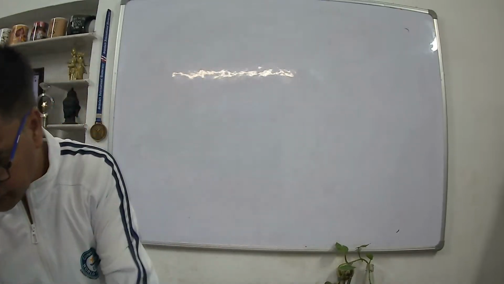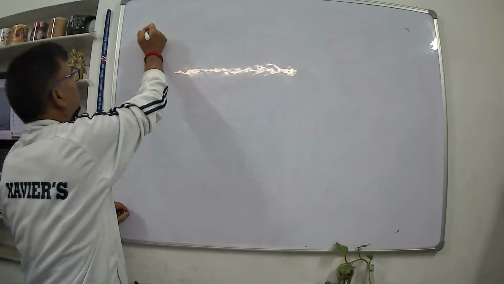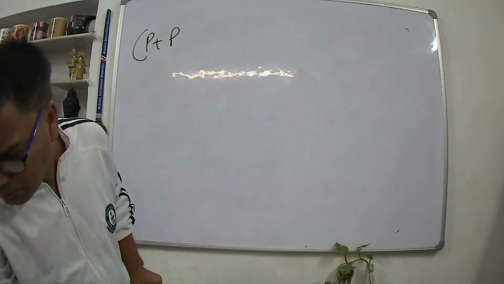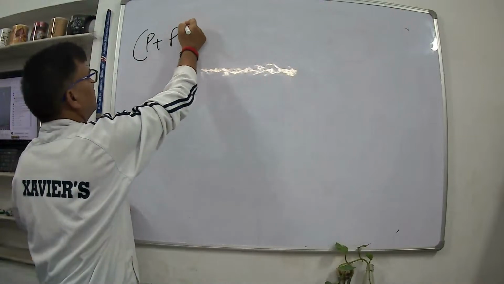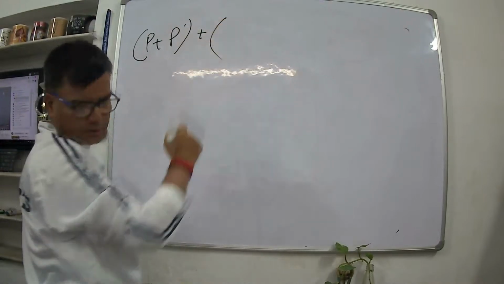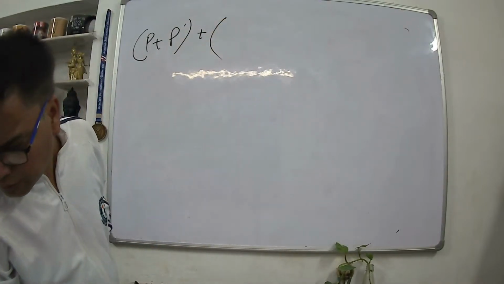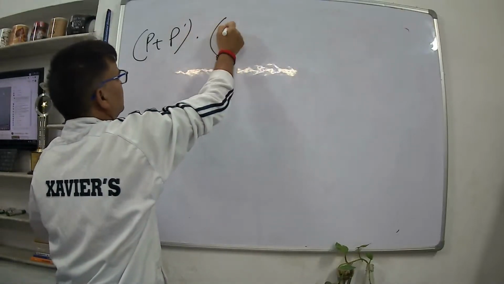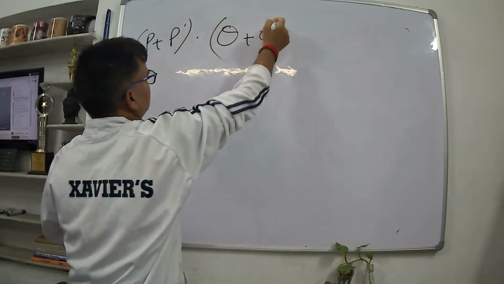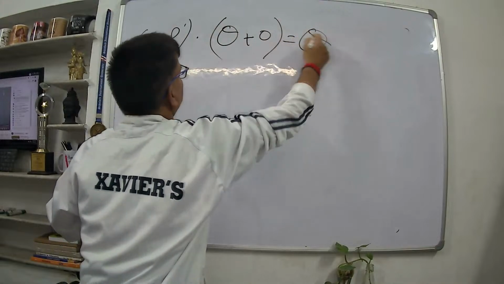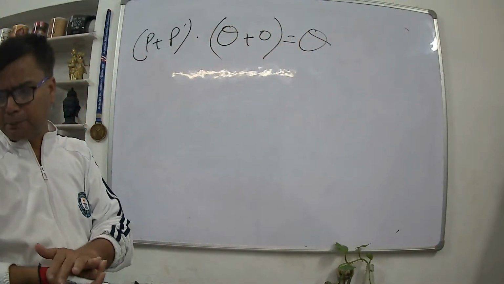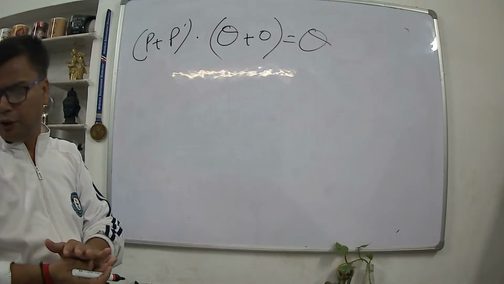Again, if I say find the dual of P plus P bar, dot, Q plus 0 is equal to Q. You have to find the dual of this expression. Find the dual of this expression.